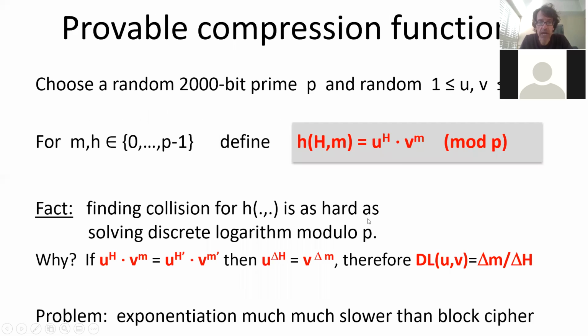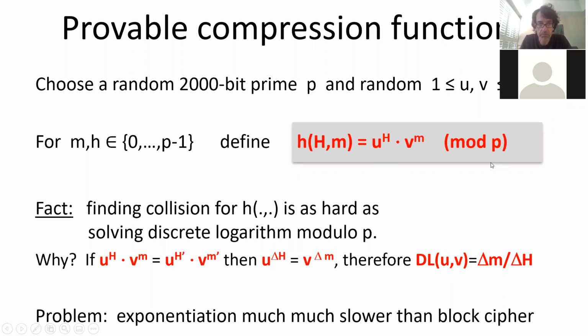Another counter problem with this is that this would be a funny collision function. Who says that this discrete log between u and v is hard to compute? Well, it is. The discrete logarithm assumption works.